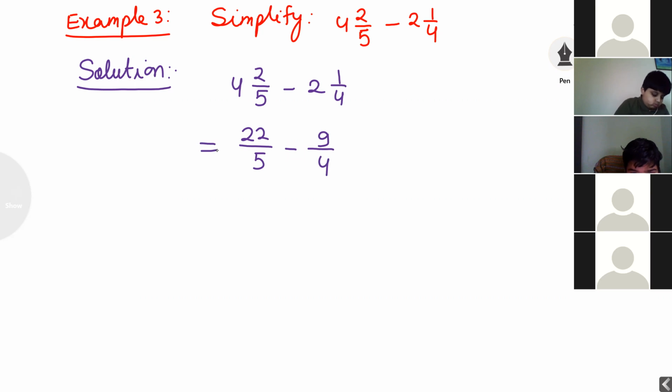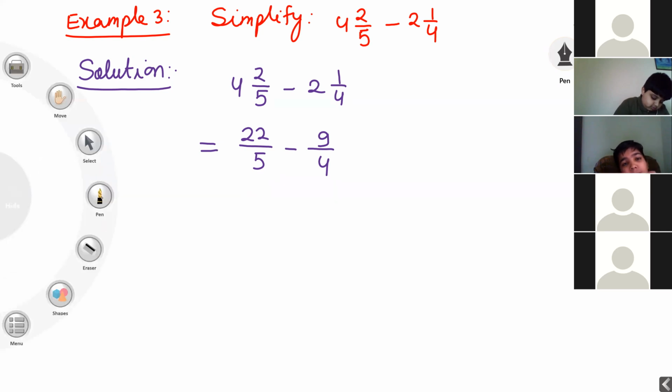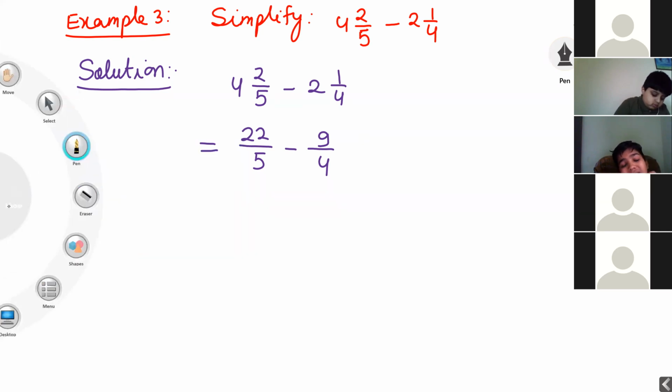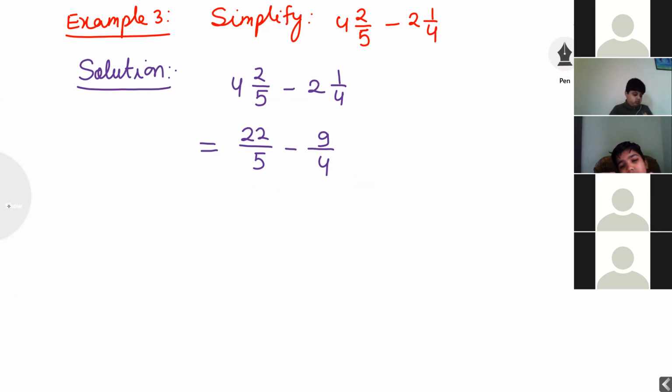Now, denominators are different. How many methods are there? There are two methods to solve this question. First method is the cross multiplication method, and second method is the LCM method. Now I am going to explain by using LCM concept. LCM of denominators 5 and 4 will become 20. I want to find out LCM of 4 and 5. 2 2s are 4, 5 as it is.